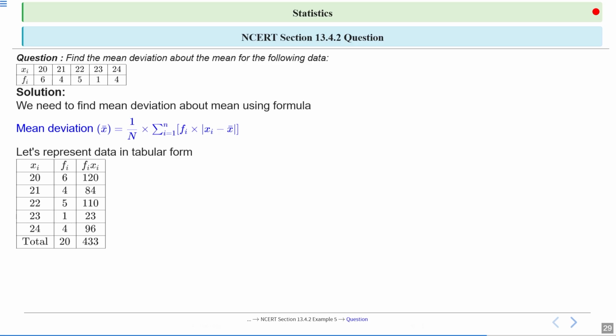In this tabular form, you can see in first column the values of x_i. In second column, we have values of f_i, and in third column, we calculated the values of f_i multiplied with x_i, and we total here f_i. Okay, so the sum of corresponding frequencies is 20 here, and the sum of f_i x_i is 433.